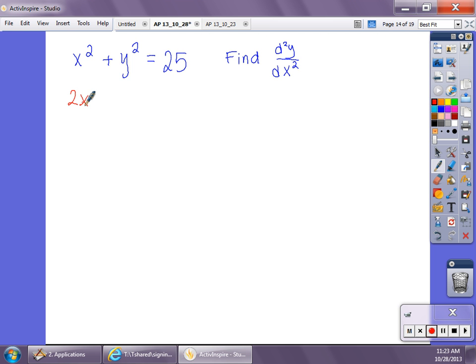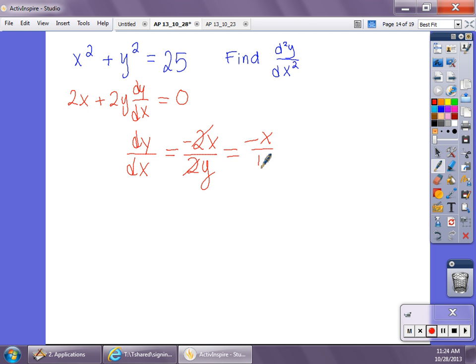All right, let me get you down to the same place you all are. 2x plus 2y dy dx equals 0. I believe most of you have dy over dx is equal to negative 2x over 2y. What did I say about this step? To make the problem easier, what do you have to do? Simplify. Don't leave the 2's if you don't need them there. Check if you got rid of your 2's.